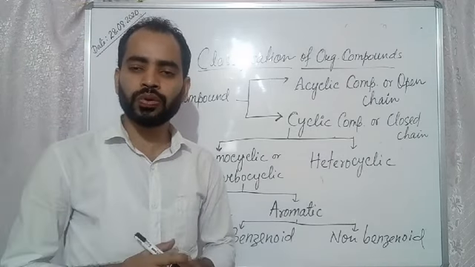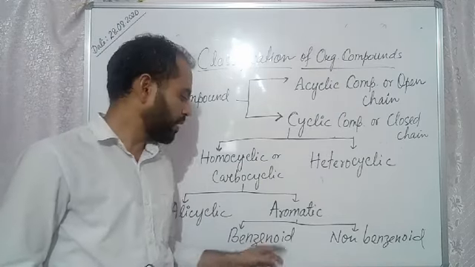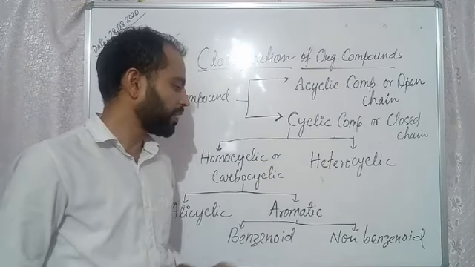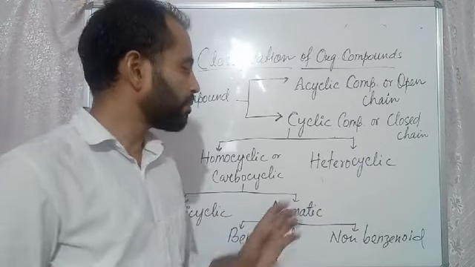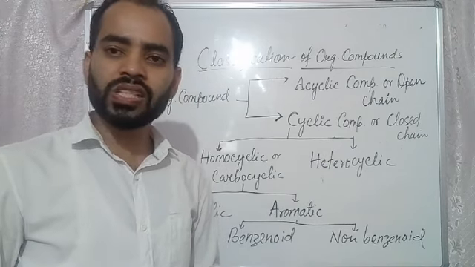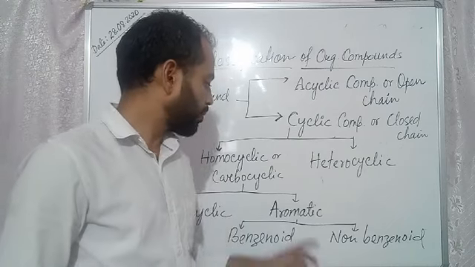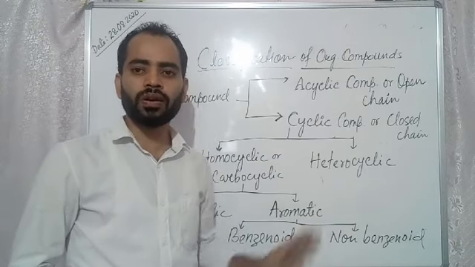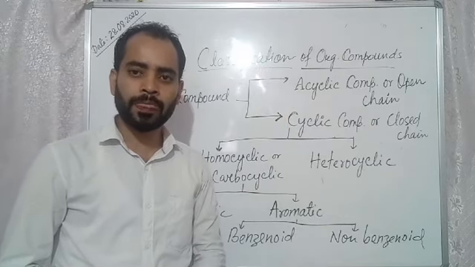Maybe 1 ring, 2 rings or 3 rings are there, but there must be a benzene ring, that is called benzenoid aromatic compound. And if there is no benzene ring, then some cyclic compounds are there in which it is aromatic but there is no benzene ring. Those are called non-benzenoid aromatic compound. So this is the broad classification of your organic compounds.